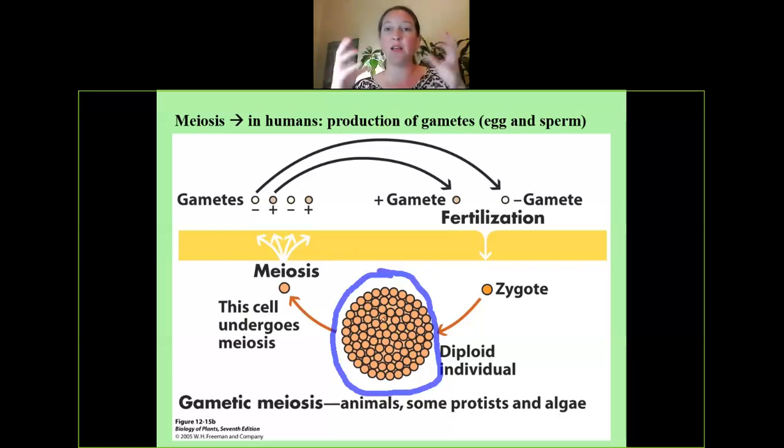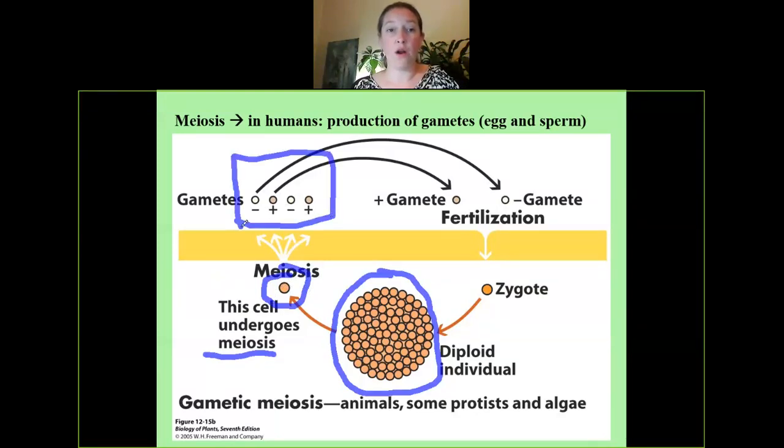One of those cells, which is a mother cell, still called a mother cell even if it's leading to sperm, would be 2N, and this cell is going to undergo meiosis. Remember, we're talking in humans right now. The result is 4 daughter cells, which in this case will be sperm.